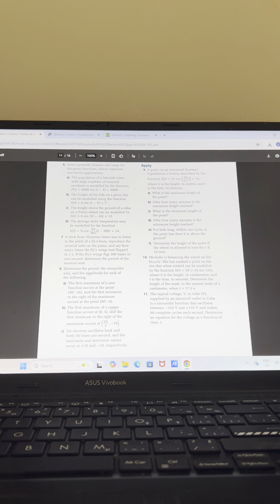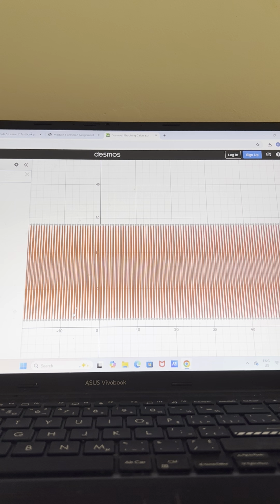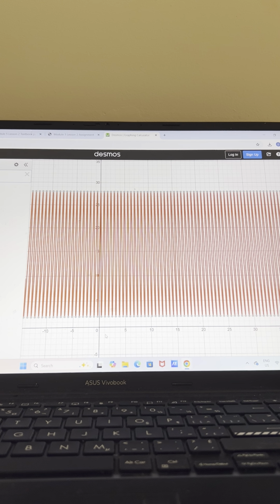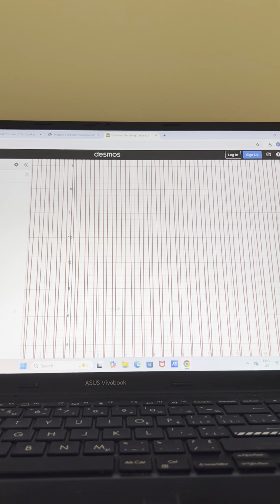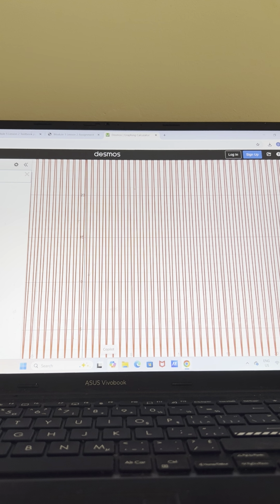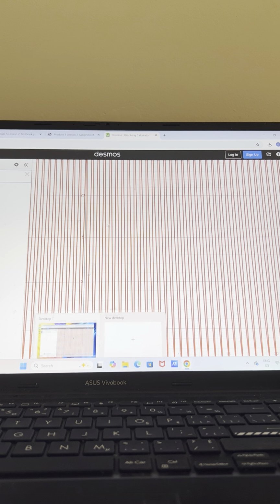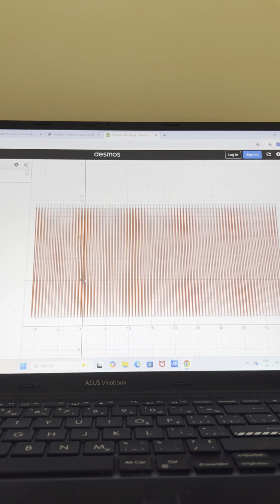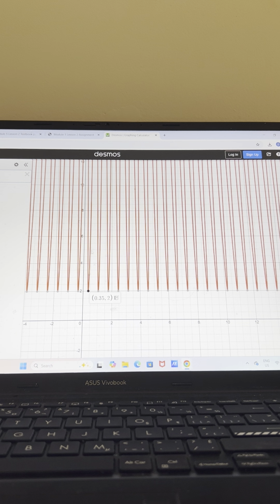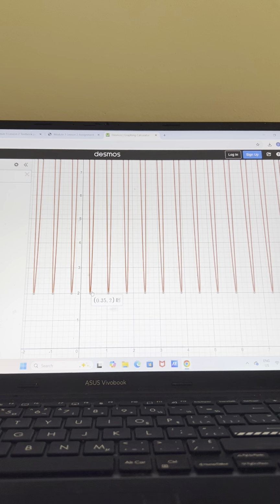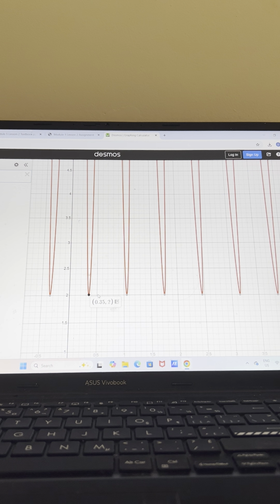Moving on to D. After how many minutes is the minimum height reached? That's going to be a little tricky. The cosine reaches -1 halfway through the cycle, and half of 0.7 is 0.35 minutes. Our minimum of cosine is -1, and halfway is 0.7 divided by 2, so 0.35, then 1.05, 1.75, and so on.